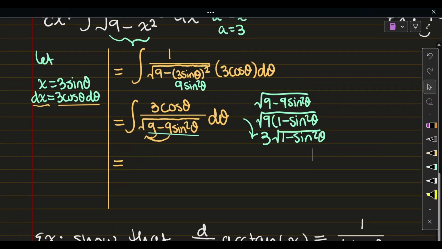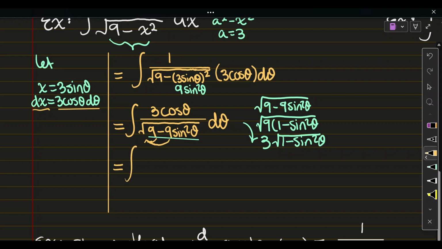So this is equal to the integral of 3 cosine theta over 3 times the square root of 1 minus sine squared theta d theta.